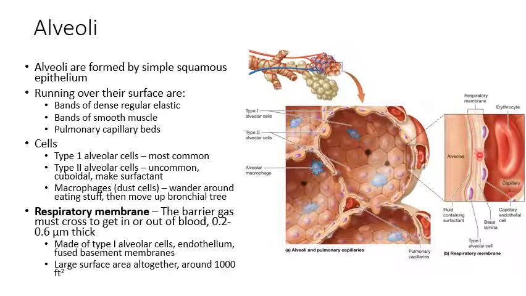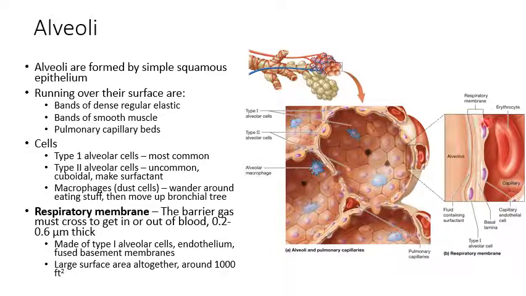First, you have the actual simple squamous cells of the alveolus, which would be the type 1 alveolar cells. And then on the other side, the simple squamous cells making up the endothelium of the capillary, so the endothelial cells. And in the middle between them, you have the basement membrane. The basement membrane of the alveolus and of the capillary is fused together, so you get just one basement membrane for the two simple squamous epithelia.